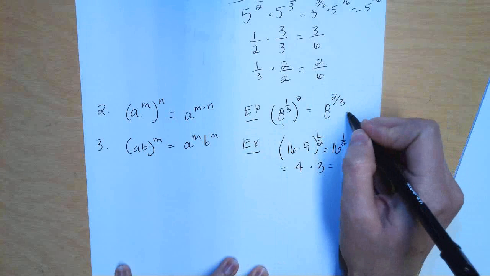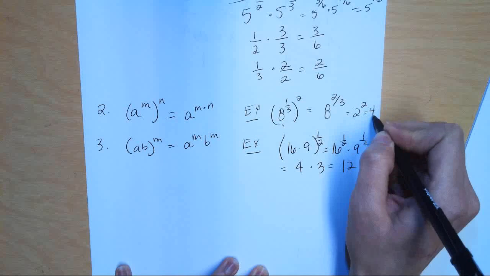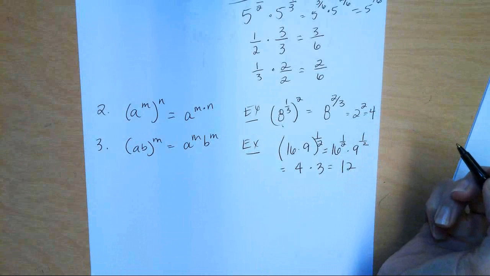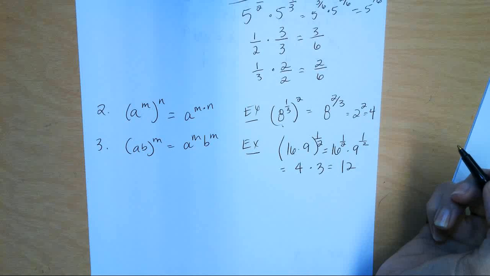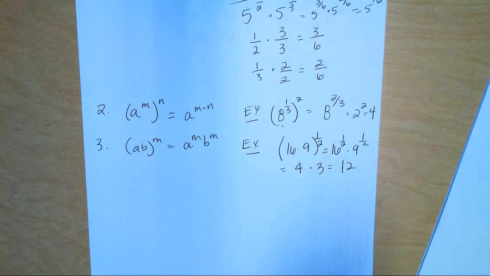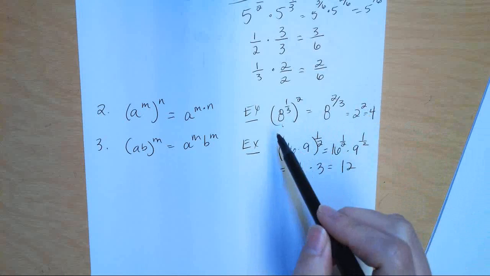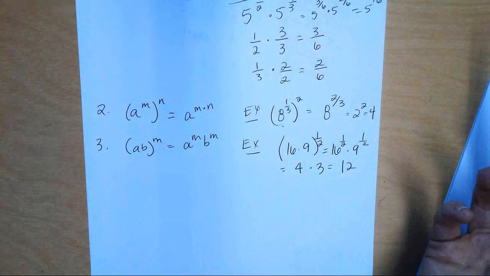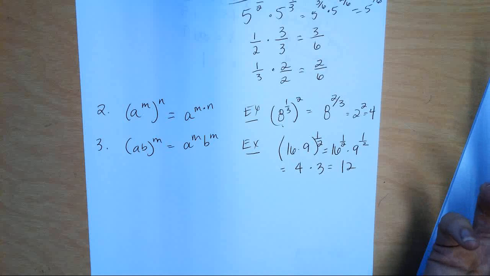So it's actually 2 squared, which is 4. Probably the book is going to give you ones that you won't have to go back on. But I was really just giving you an example to show you the property.